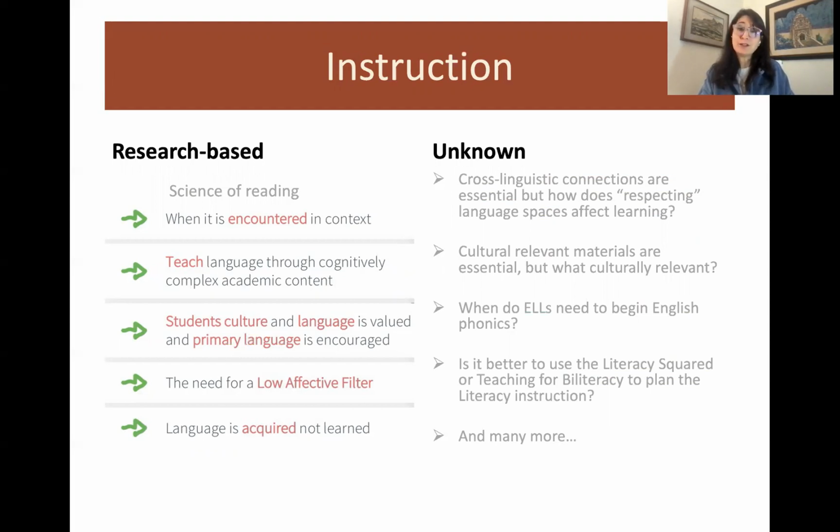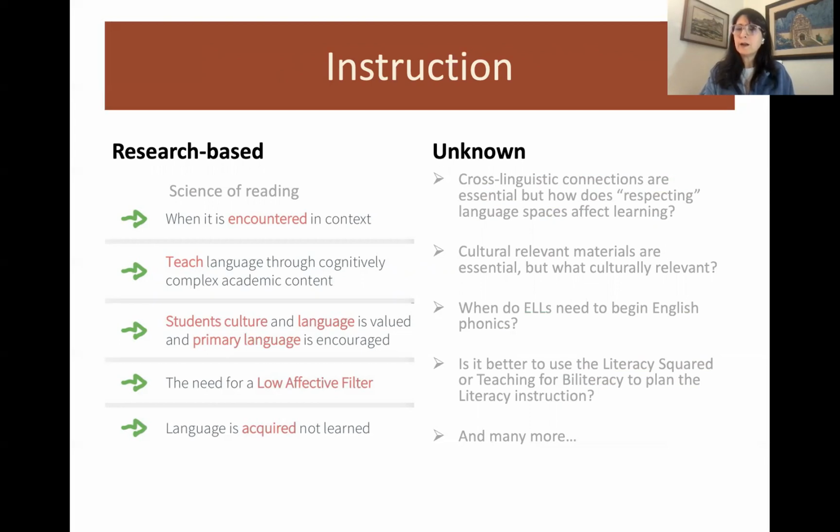For example, we know that culturally relevant materials are essential, but we don't know what exactly culturally relevant means in terms of literacy efficiency. So is it culturally relevant at the level of my own personal identity or my group identity or my more universal identity? So there's a lot of still unknowns about that.